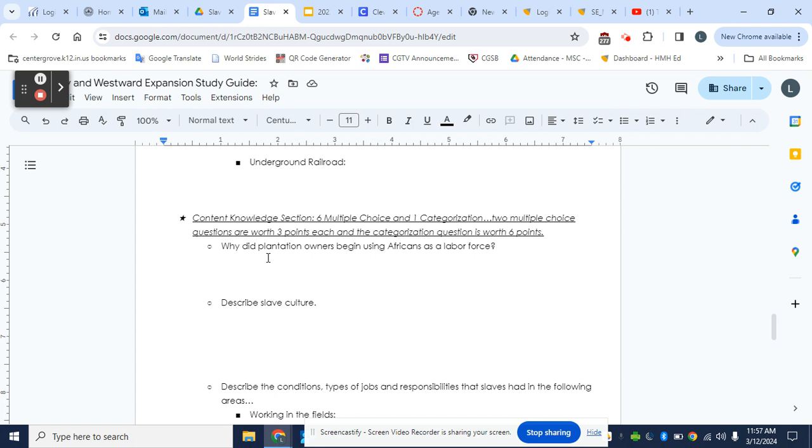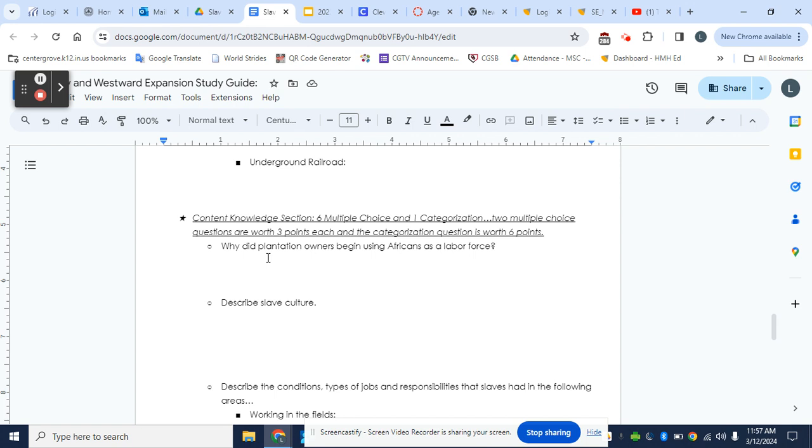So Africans were not being killed nearly as often by European diseases as Native Americans were. And then the last one, plantations are going to need a very large number of laborers. So they're going to look to the large population of Africans in Africa to supply that large number of laborers.